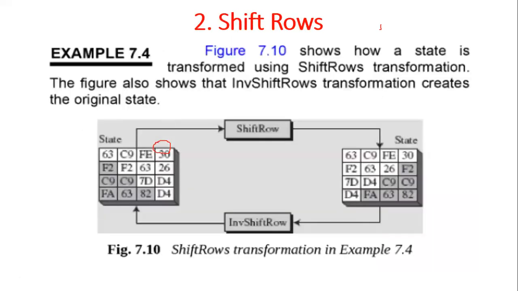After performing SubBytes, suppose this is the state. In the first row there will be no change: 63 C9 FE 30, as it is. In the second row, F2 63 26, we will shift by 1 byte.